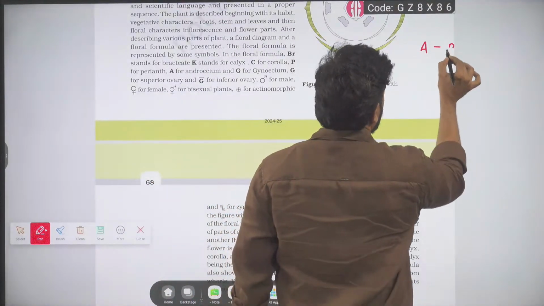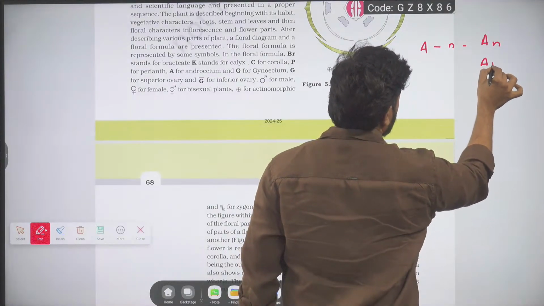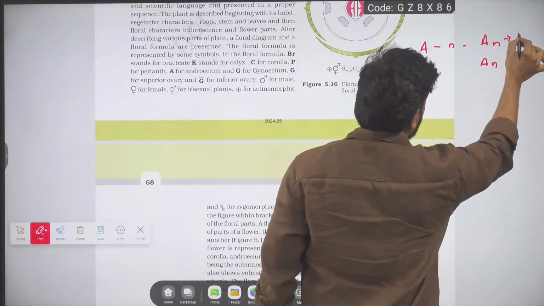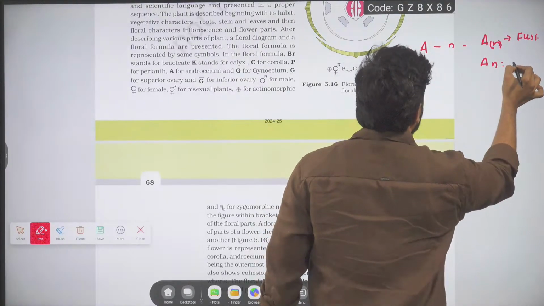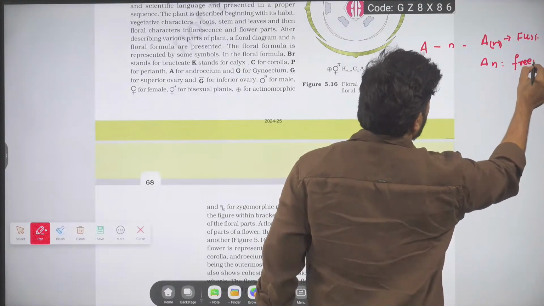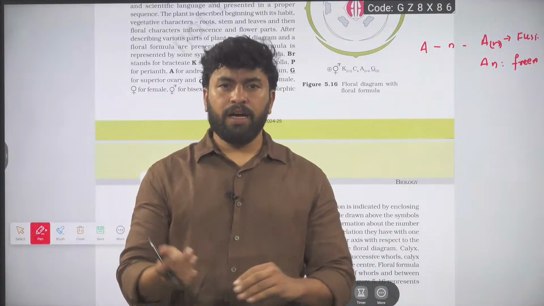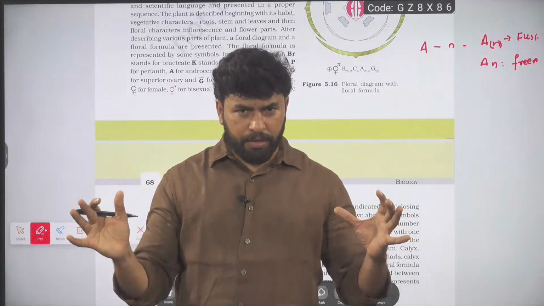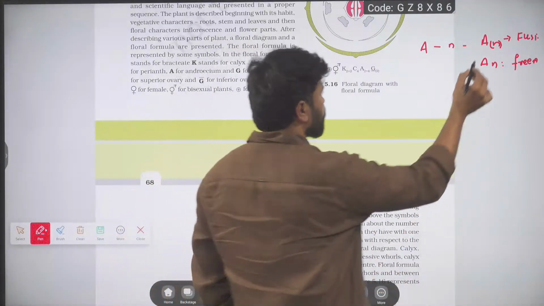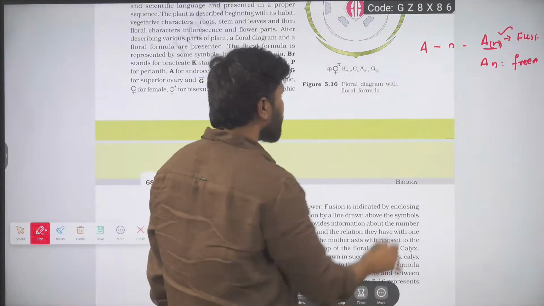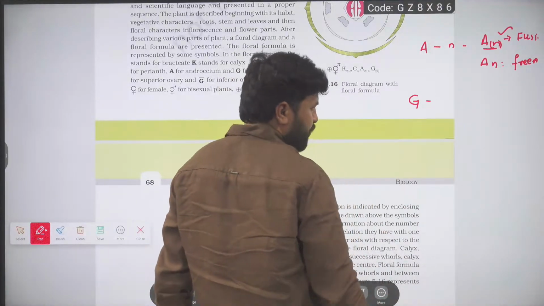If n number of A's are there and A has been kept under parenthesis, this condition is called fusing of anthers. And free anthers are nothing but polyandrous. And if the complete stamens fuse, that phenomenon is called synandrous.